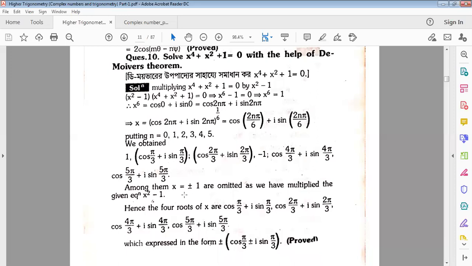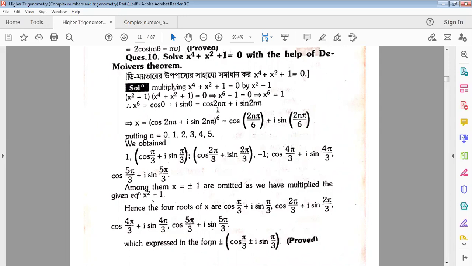Among them x equals ±1 are omitted, because the solution x equals ±1 cannot satisfy our given equation. This is why we have to omit ±1.